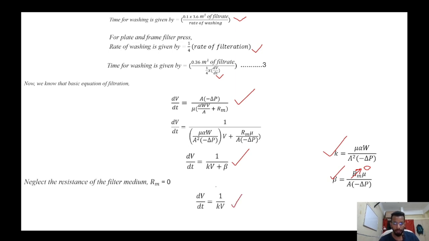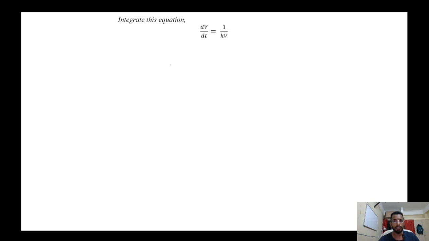So we have to find this value. This is our rate of filtration, and 1 by 4 of this value will be the rate of washing. Integrating this equation, we get this plus c, the constant of integration. At t equal to 0, V equal to 0, so c becomes 0.